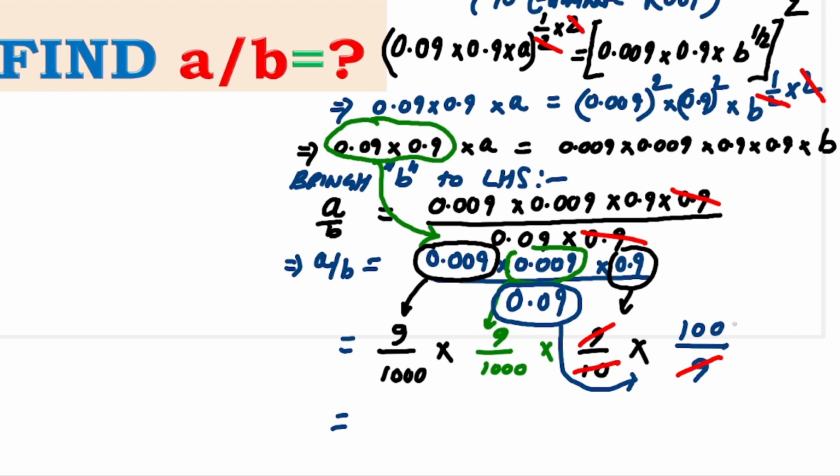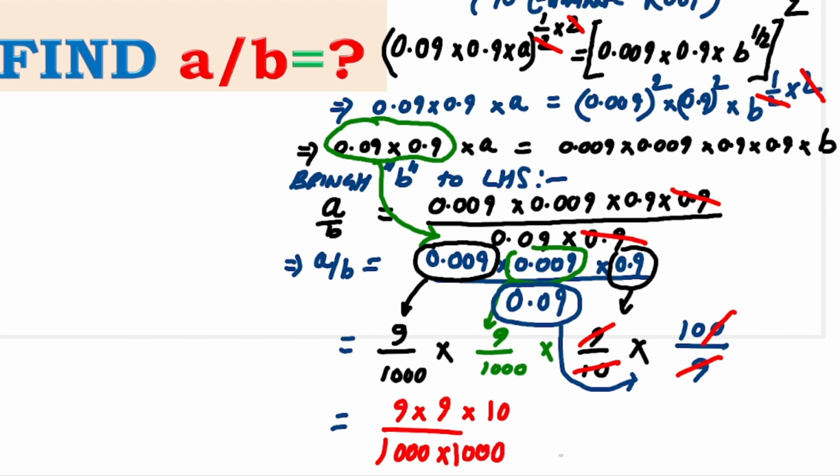And now we are cancelling this 9 and 9, 10 and 10, right, in the numerator and denominator, and we are left with 9 into 9 into 10, divided by 1000 into 1000, right.